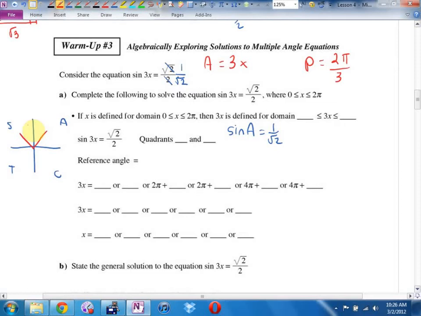The 1, 1, root 2. Where this is the reference angle. Eric, how big is that reference angle right there? We can write that down. Reference angle, it says pi by 4. And quadrants 1 and 2. So this is pi by 4, this is pi by 4.